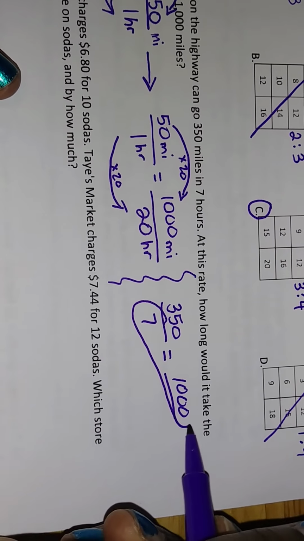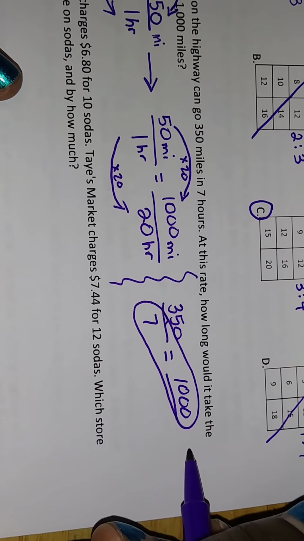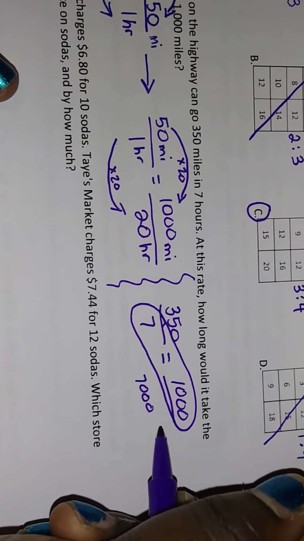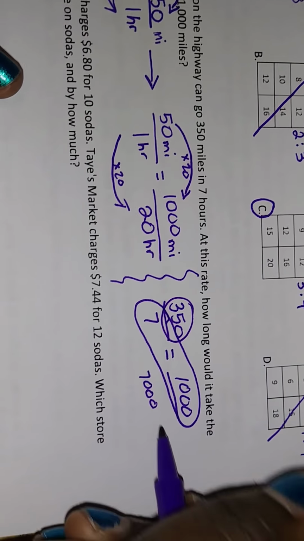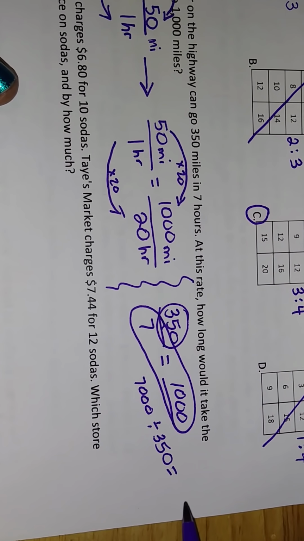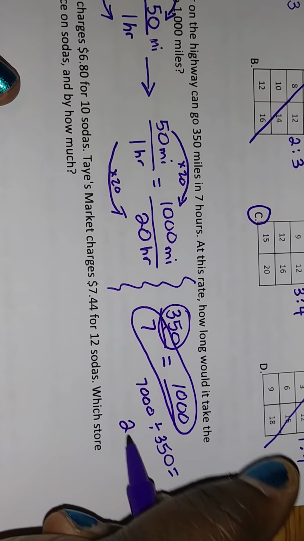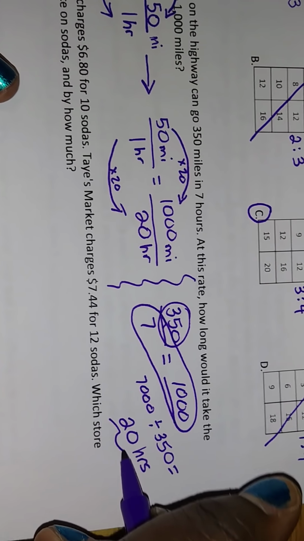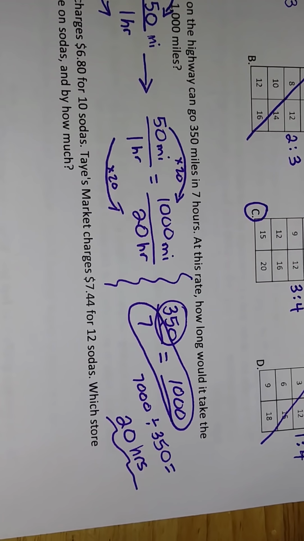So I'm going to multiply this. 7 times 1,000 equals 7,000. And then I divide it by the number that's left. Divided by 350. If you pop that into your calculator, you get 20. So this was a quicker way of getting that your answer is 20 hours.